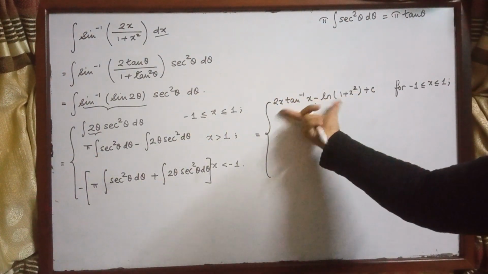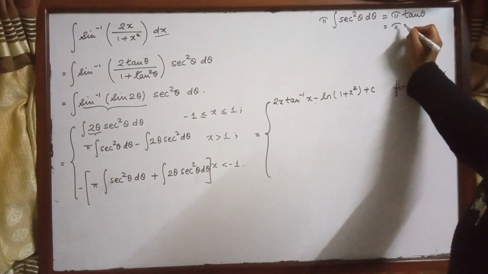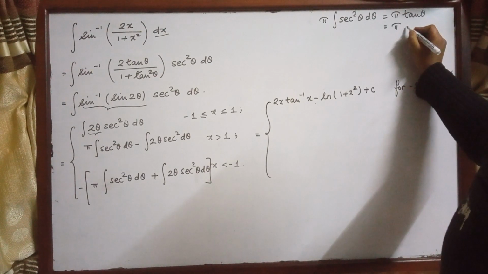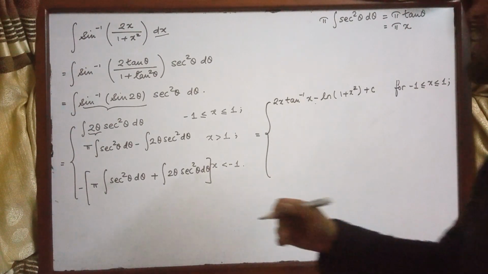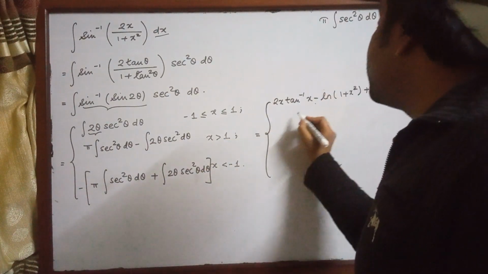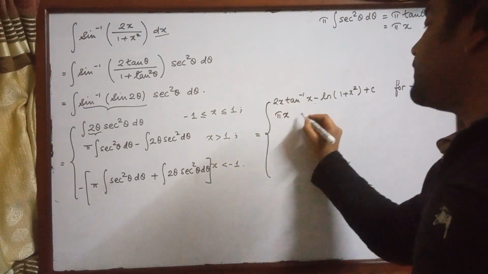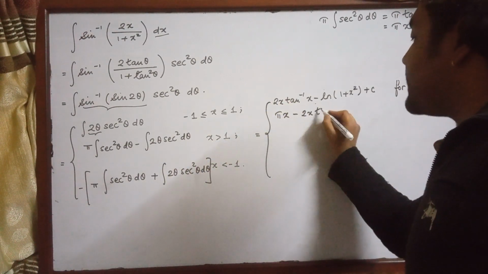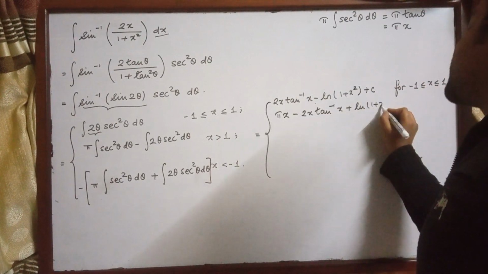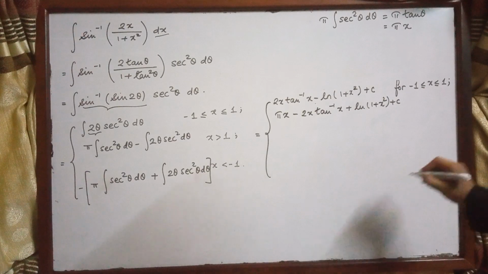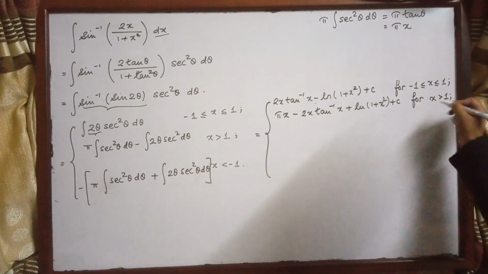Pi tan theta, and by tan theta I mean x. So this is basically pi x minus the antiderivative of this thing, twice x tan inverse of x plus logarithm of 1 plus x squared plus c. And this will be for x being greater than 1.